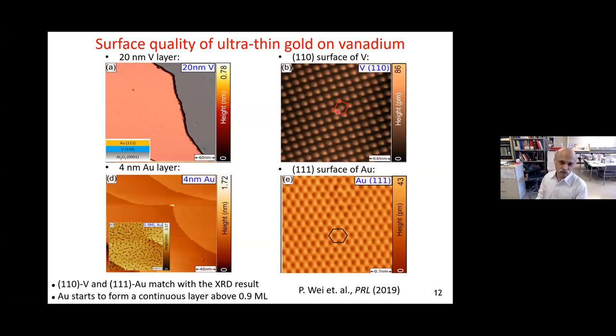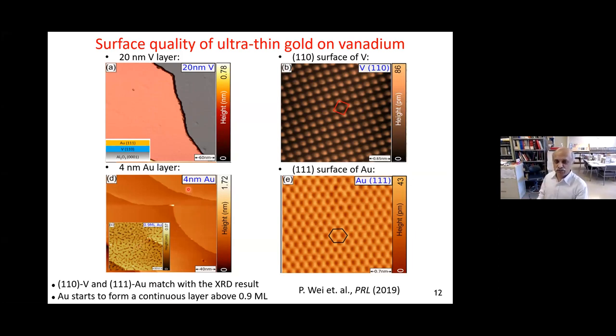This quite nicely matches the XRD result. Now you put gold on the top, and you can see the gold almost completely covers by about one monolayer. You know very well the gold growth is non-trivial on any metal surface, so we were able to adjust the growth parameters such that we could see this very nice uniform coverage.